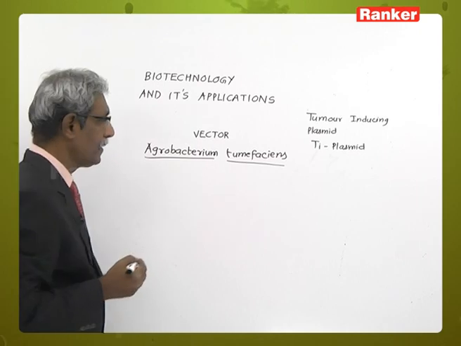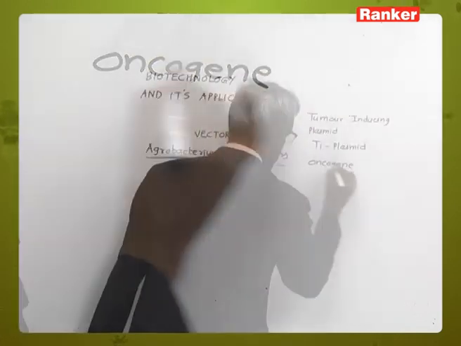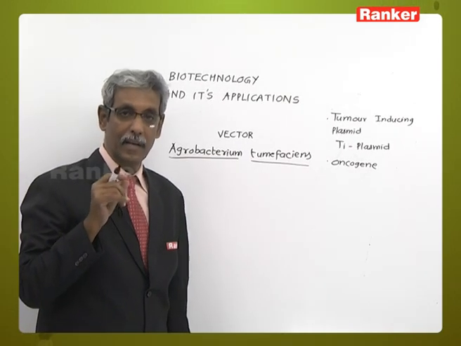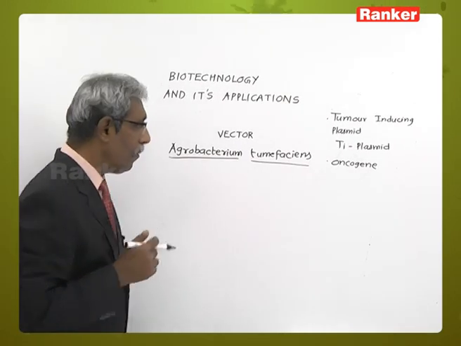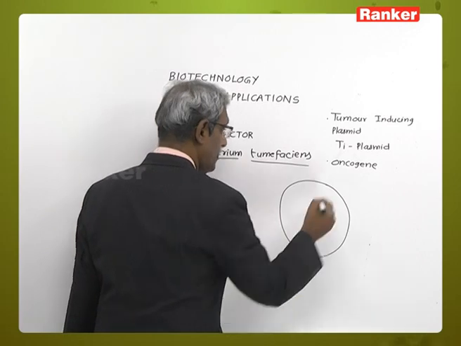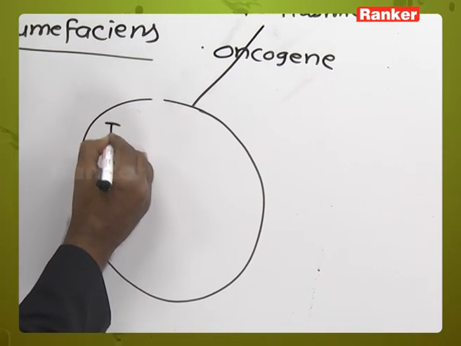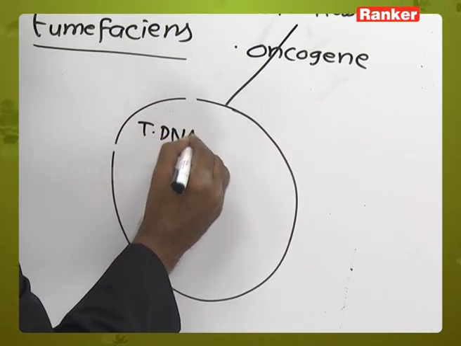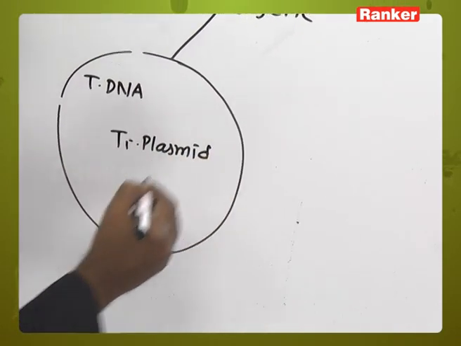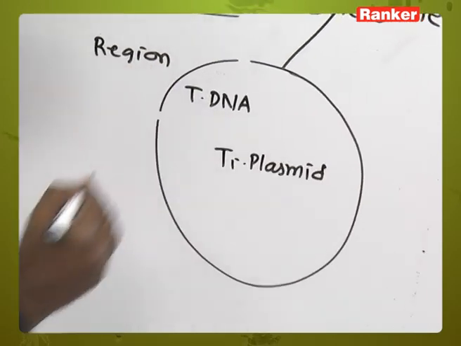The Ti plasmid has got the oncogene, the cancerous disease causing gene. Now, when you take the Ti plasmid, plasmids are circular molecules, and the Ti plasmid has got a region which is termed the T-DNA.